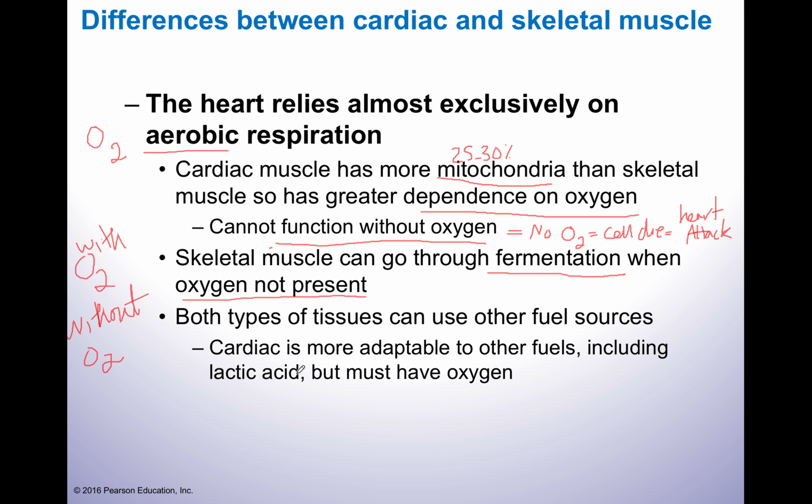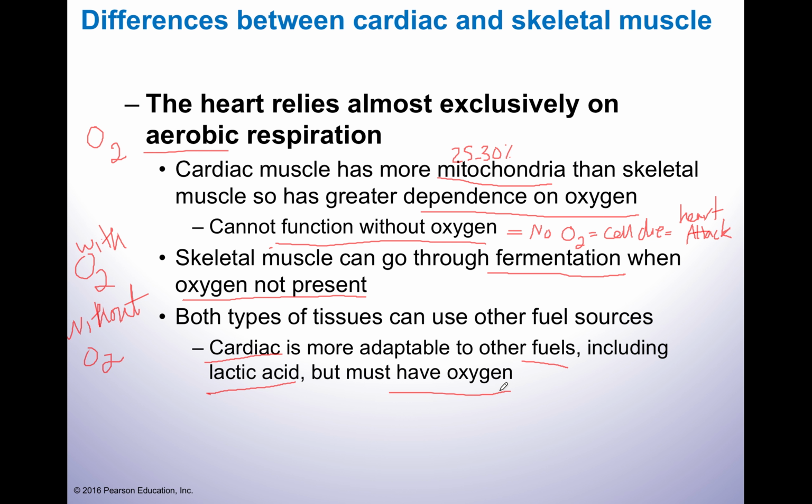The really cool fact about cardiac muscle, though, is that it is very adaptable to other sources of fuel. So it doesn't necessarily need to have glucose as a source of energy. It can also use lactic acid, but it has to have oxygen present. A skeletal muscle is also adaptable to other sources of energy, and it can do it without oxygen present as well.